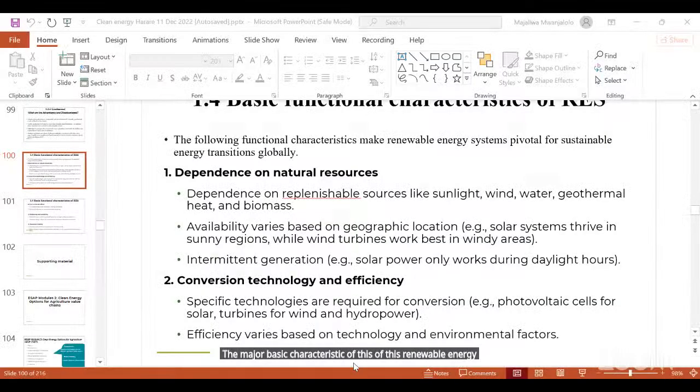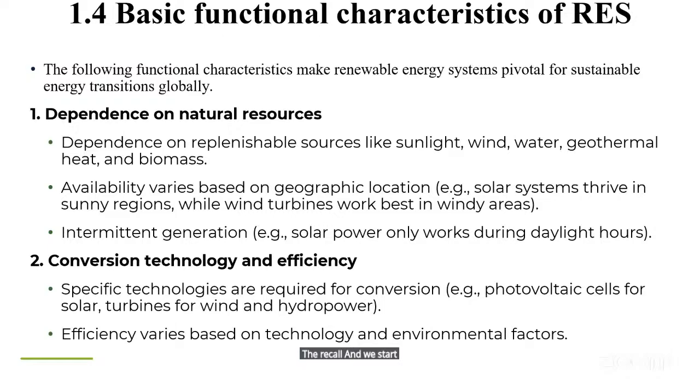But what are the major basic characteristics of this renewable energy? So I think I've finished with the recall, and we now start with the basic functional characteristics of renewable energy.